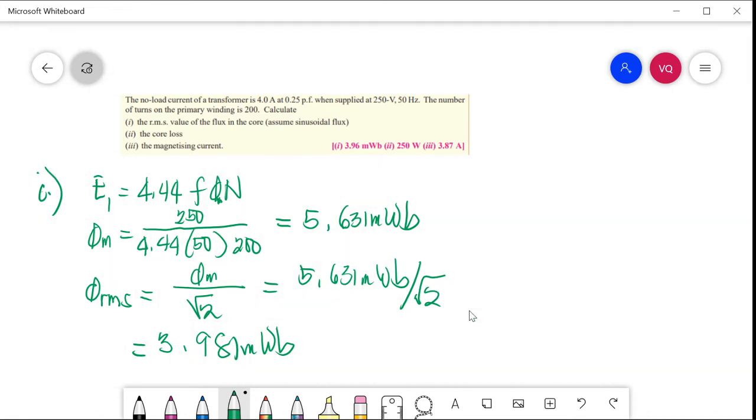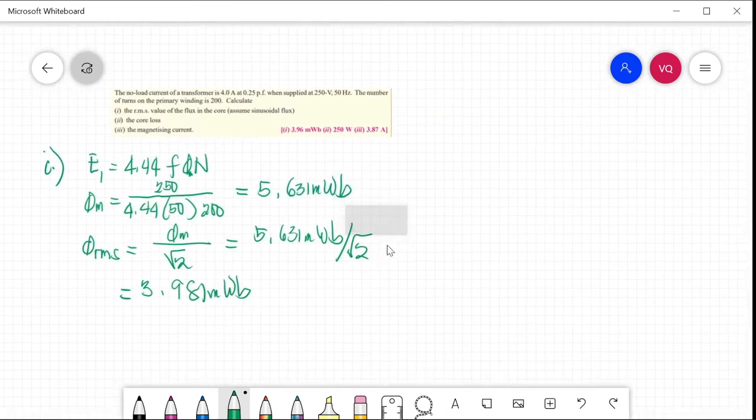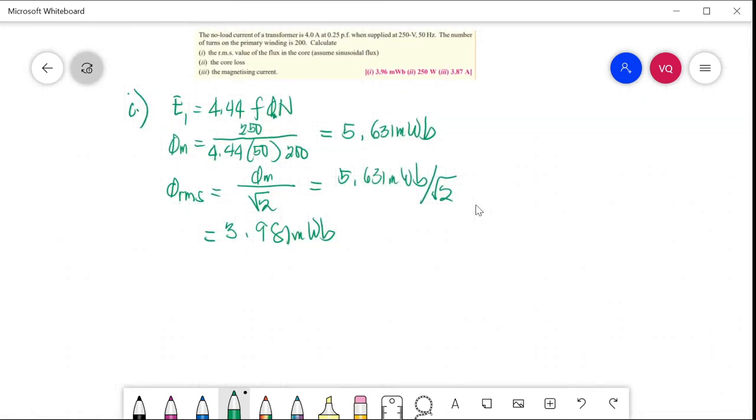Next, core loss. So, paano natin isosolve yung core loss? I-draw muna natin yung equivalent circuit diagram ng transformer without the R1 and X1. So, it will become just the parallel combination of RC, XM.